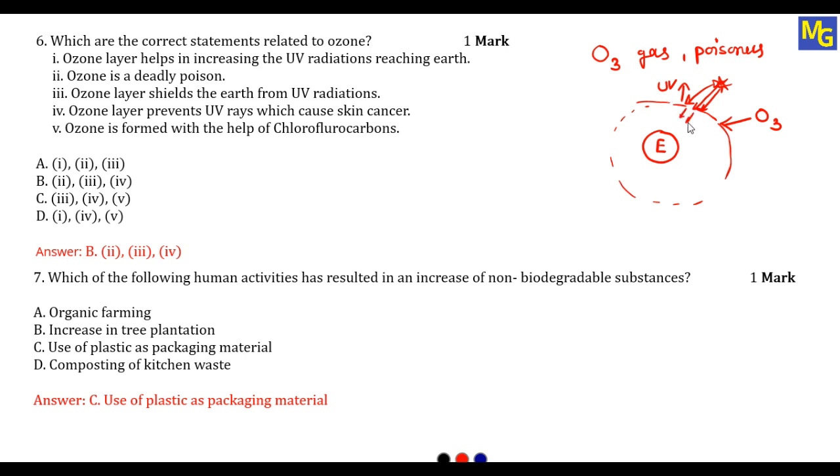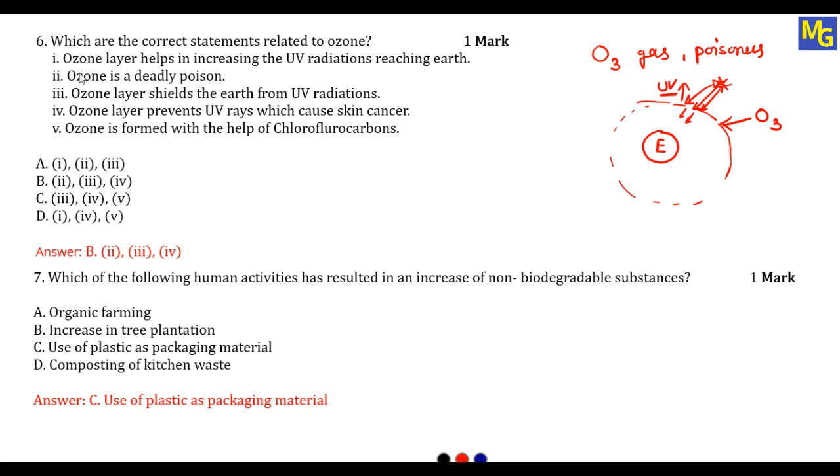Because of this only, the living organisms on the earth are safe, because these UV radiations are very dangerous and will affect living organisms, especially human beings. If these radiations come in contact with the skin, they cause skin cancer, and that is the work of this ozone layer. So we'll see the options now.